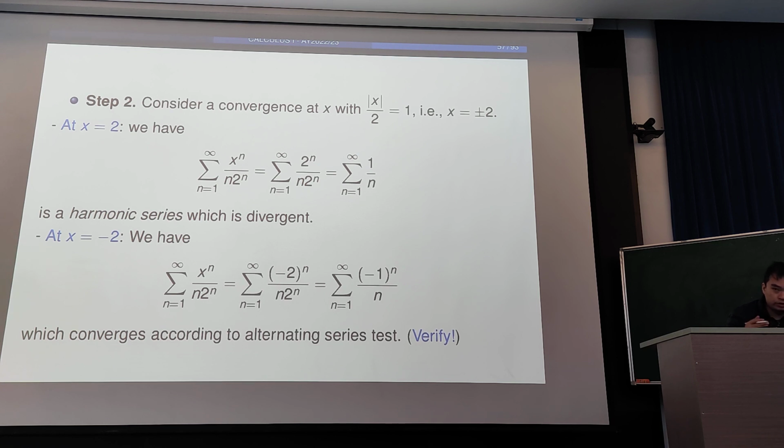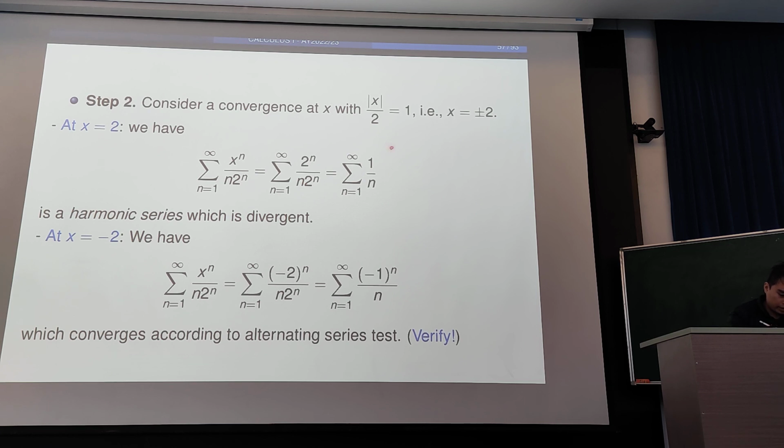So it is important to remember some convergence results for important series: harmonic series, p-series, or alternating series. It helps to determine quickly the convergence or divergence of a normal series.